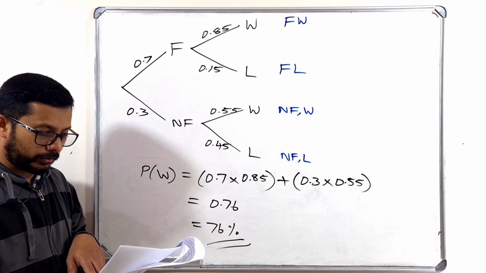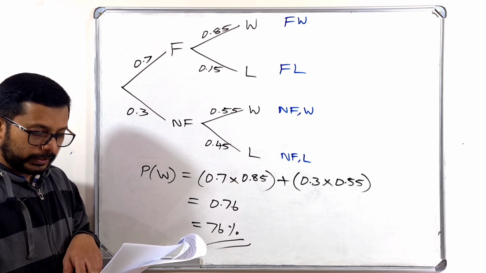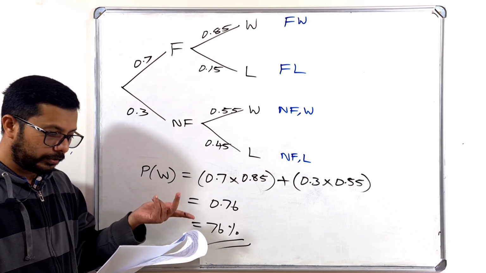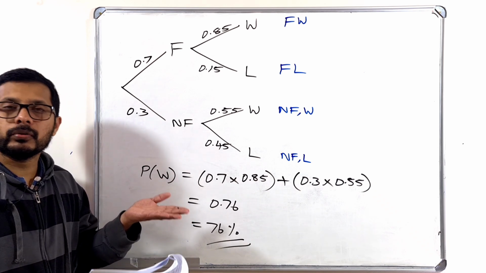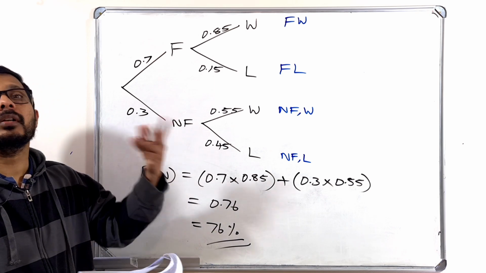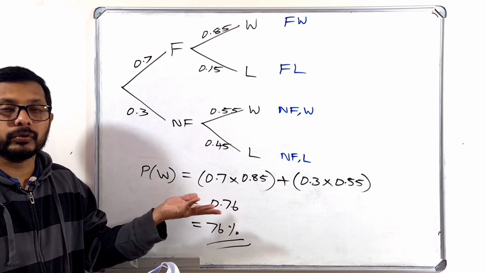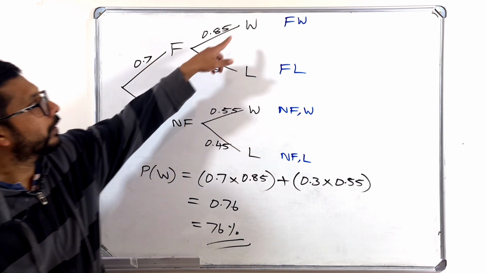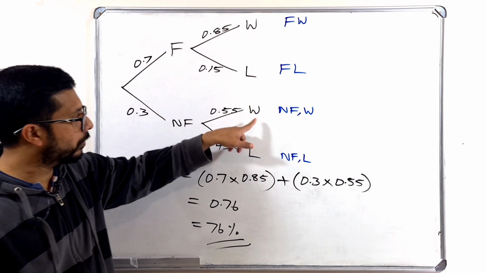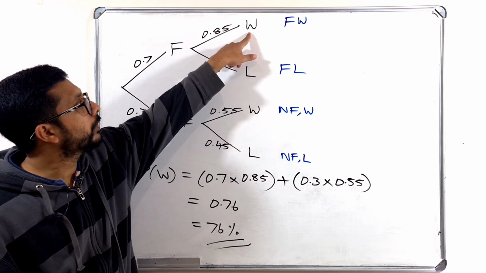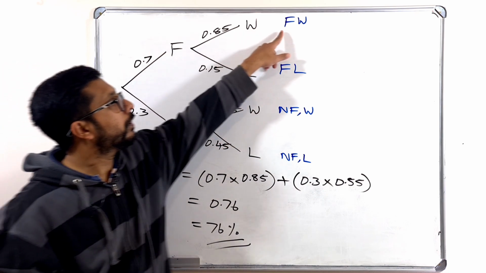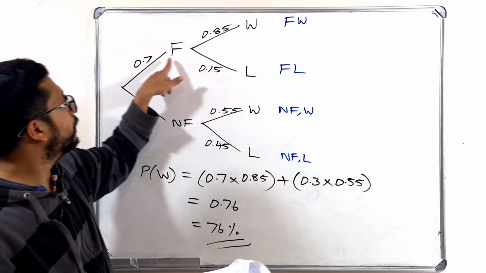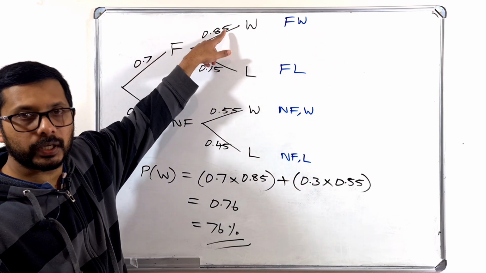Based on the fitness alone, calculate the probability that the Ghana soccer team will win the next match. You have to find the probability of that. Where are the match wins? Here the match is won. Here also the match is won. How can you find the probability of this outcome? This is 0.7 times 0.85.